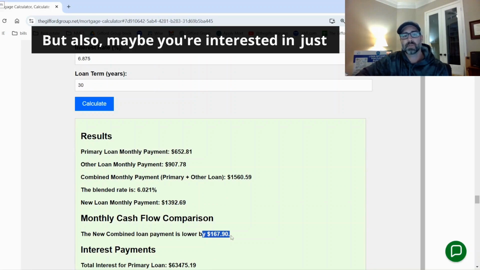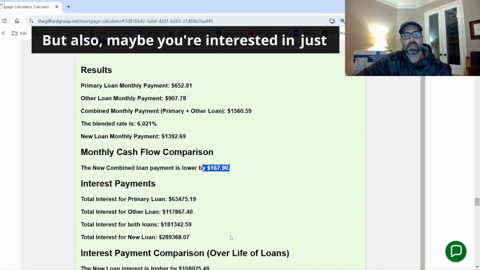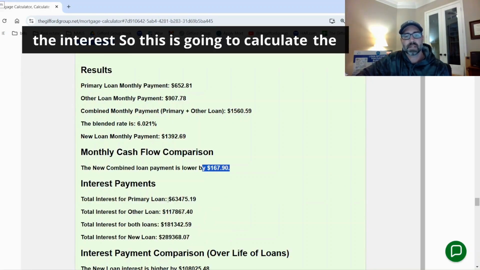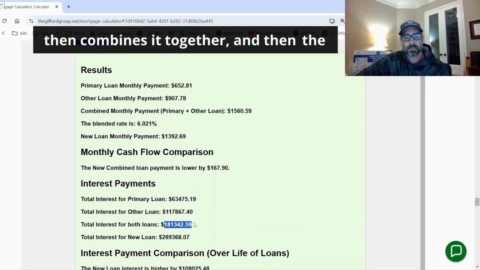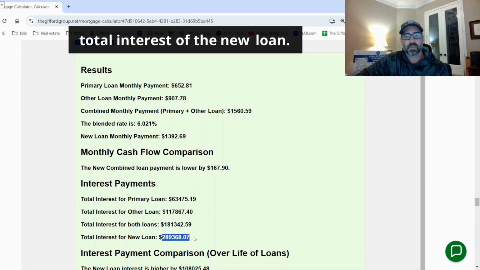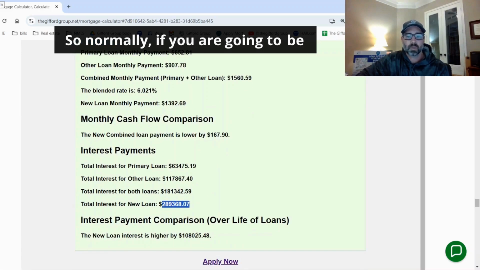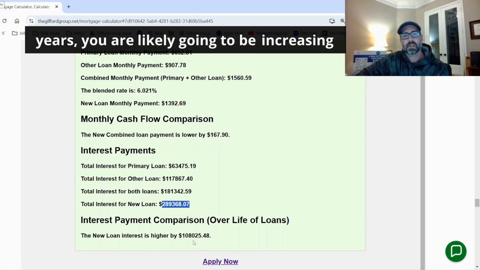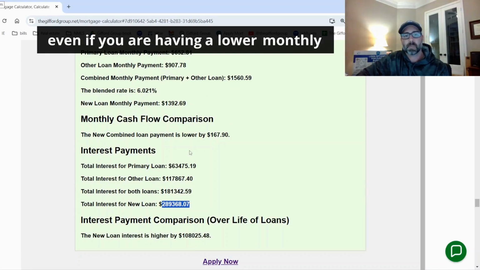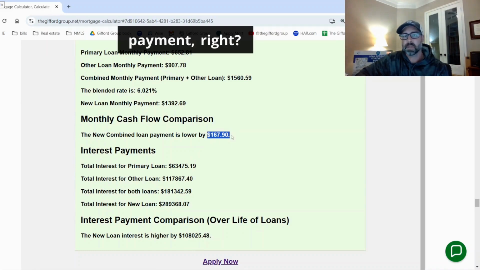So maybe that's helpful. But also maybe you're interested in just the interest. This is going to calculate the interest on the primary loan, this is going to calculate it on the HELOC, and then it binds them together, and then the total interest of the new loan. Normally if you are borrowing more money and taking it over 30 years, you are likely going to be increasing the interest that you're paying, even if you have a lower monthly payment, right?